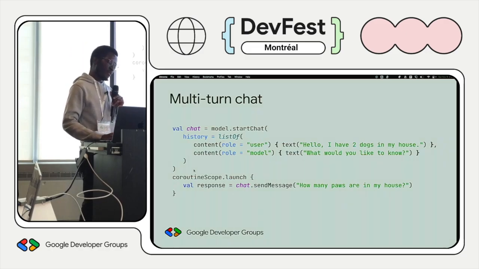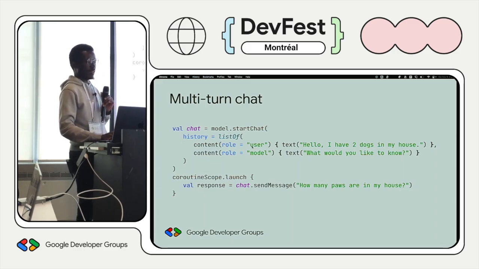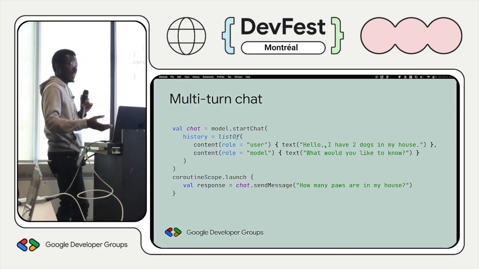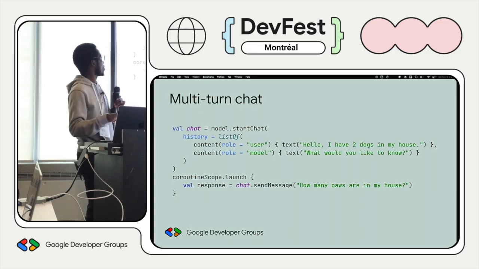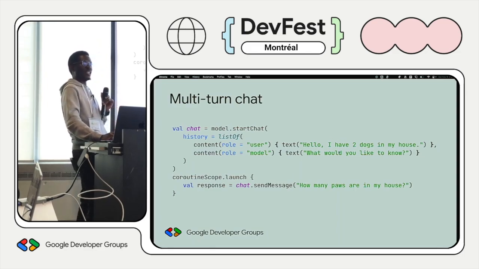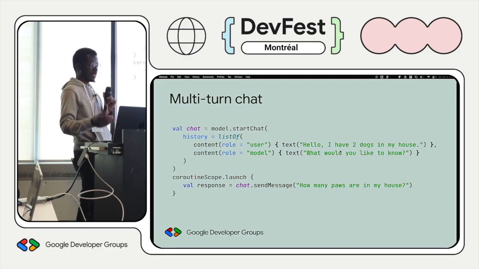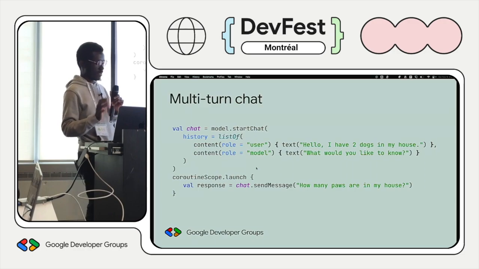You can even define a predefined, I would say, history of your conversation. For example, here I can define that the user says, hello, I have 2 dogs in my house, and the model responds, what would you like to know? From this history, you can now send a follow-up question and the AI will try to respond back to you depending on the chat history that is already available. You can even decide to have an empty history and it's fine.